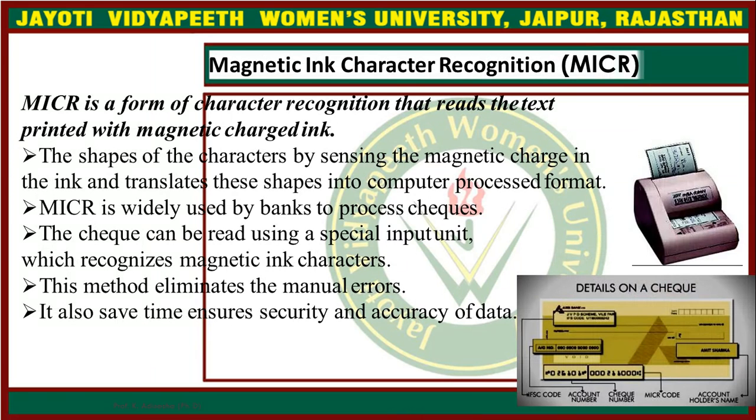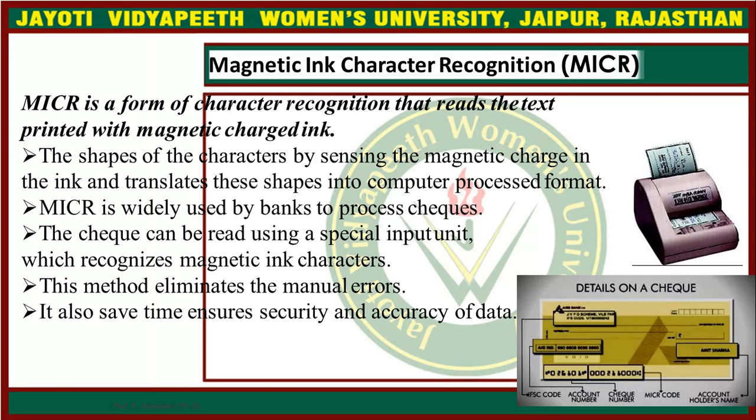Now come to the MICR, which means magnetic ink character recognition. This reads text printed with magnetic charge ink. It recognizes the shapes of the characters by sensing the magnetic charge in the ink and translates these shapes into computer processed format. The MICR is widely used by banks to process checks.